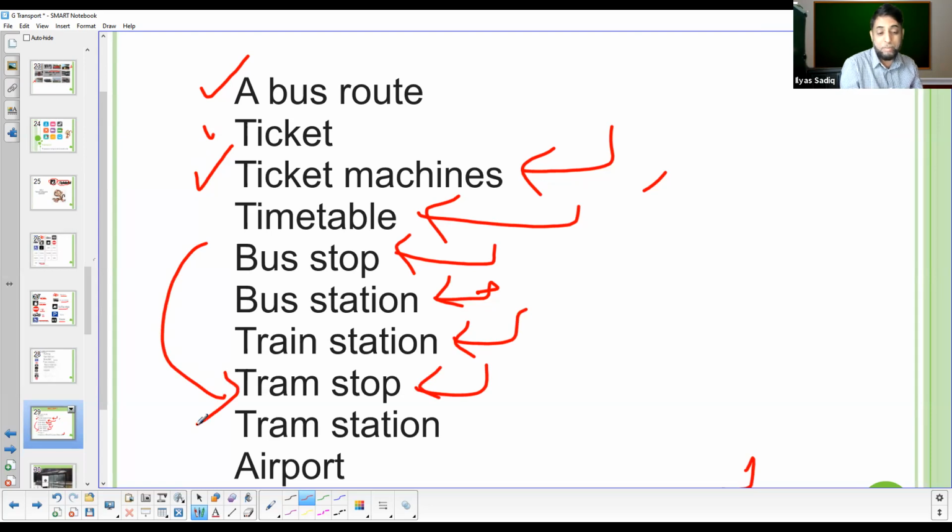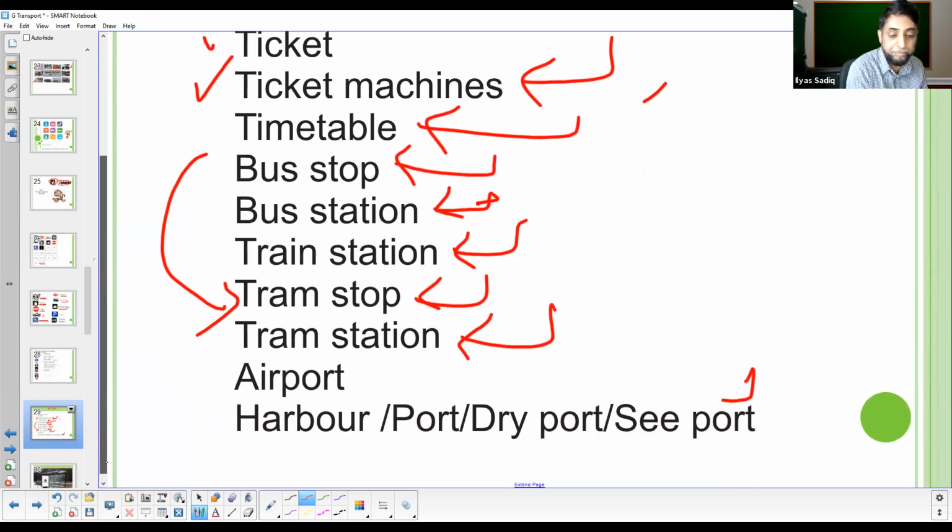Of course, you can't ride the bus at a tram stop, can you? No, because a bus stop is for buses and a tram stop is for the tram. And a tram station is the same as a bus station, because there are a lot of trams that meet together.